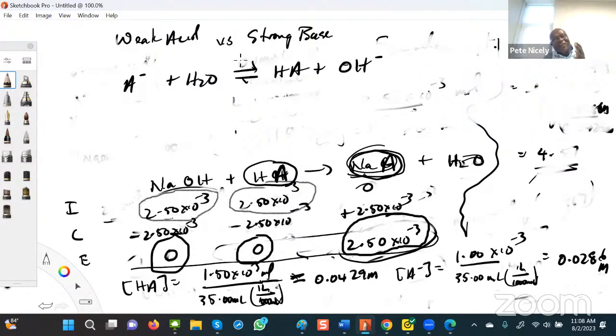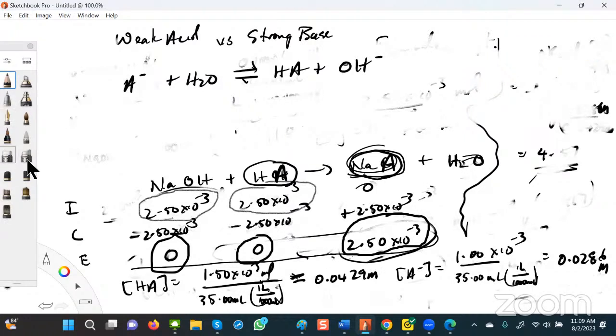It means that the number of moles of acid that was present before would be equal to the number of moles of base that was added to it. Exactly. That makes sense. Okay. So that's the equivalence point. So that's why we have these two values here. And of course, they will be used up completely, and the amount of conjugate base formed would be the same, 2.50 times 10 to the minus 3, right?